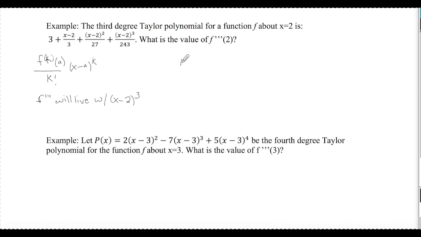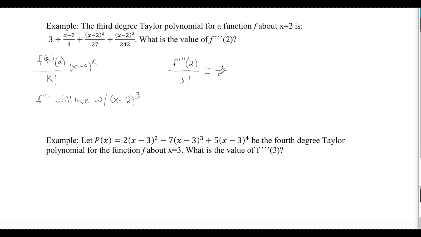I basically get that the third derivative then, f triple prime of 2 divided by 3 factorial, since k is 3. So that's this part. I'm ignoring my x minus 2 to the third. I'm going to look at everything else. That'll leave us 1 over 243.